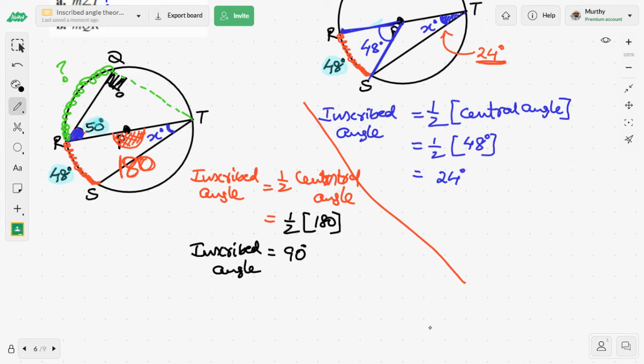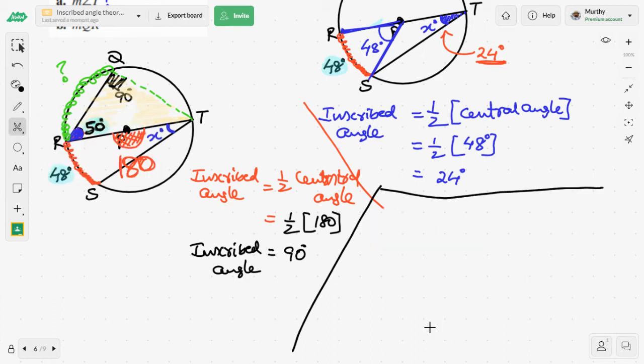So I see that there is a triangle. Let me take this one. This is the triangle, right? I know two angles of the triangle. One is 90 degrees and the other one is 50 degrees. So these are really easy calculations. What is the third angle? Either you can guess or else you can write it separately, that the sum of the three angles of a triangle equals 180 degrees.